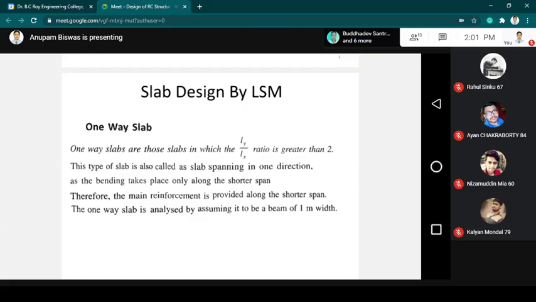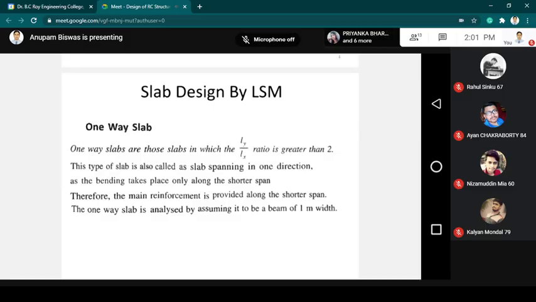We can say that this type of slab spans in one direction, so it is rectangular. If you see the plan, we will find it is rectangular in shape.